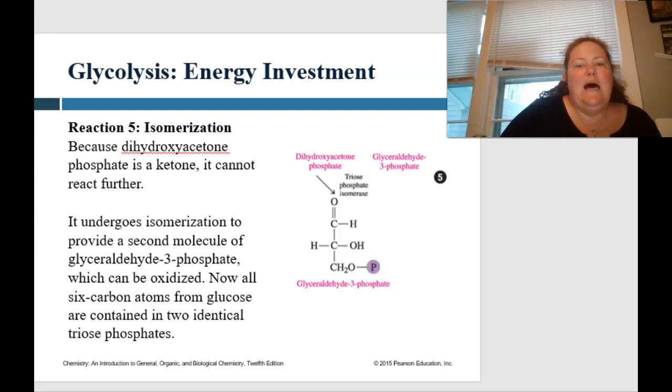Because dihydroxyacetone phosphate is a ketone, it cannot react further. It undergoes isomerization to provide a second molecule of glyceraldehyde 3-phosphate, and this can now be oxidized. Now all the 6 carbon atoms from the glucose are contained in 2 identical triose, tri meaning 3, phosphates. Remember, we always have to account for every single atom. So 6 carbons broken down into 2 3-carbon molecules.